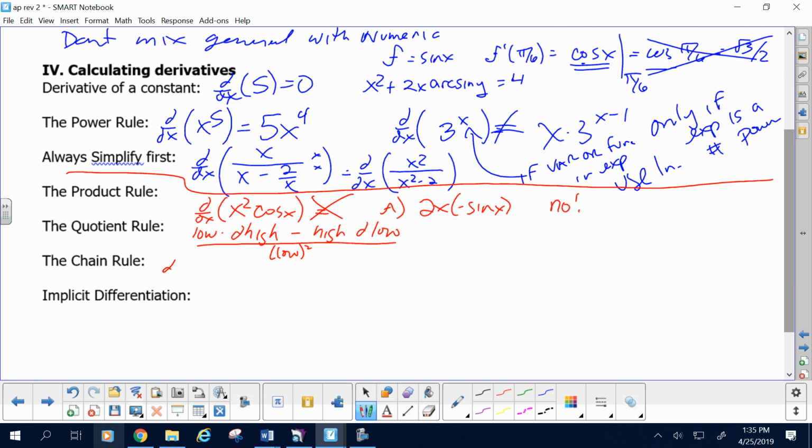Chain rule, that's the derivative. Generally, we typically think of that as, hey, what happens when you have a function within a function? But remember, the heart of chain rule is really what happens when you take the derivative of something when there's an indirect relationship. So, for example, if velocity depended on time and gas consumption depended on velocity, and I wanted to take the derivative of gas consumption with respect to time, then there would be this intermediate value.